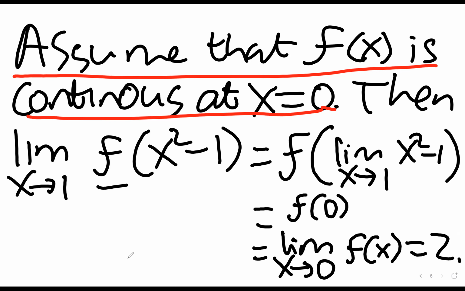Why can we put the limit inside the brackets? Because of the continuity. That's the additional information. The question is incomplete because there is no continuity, but if I assume the continuity, then I can calculate it. Good.